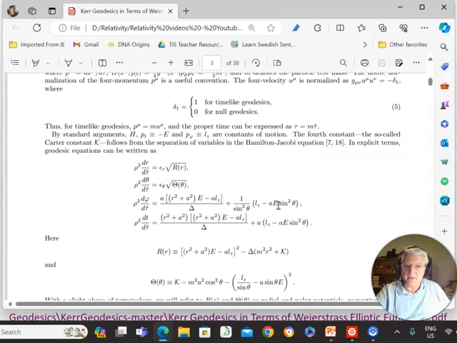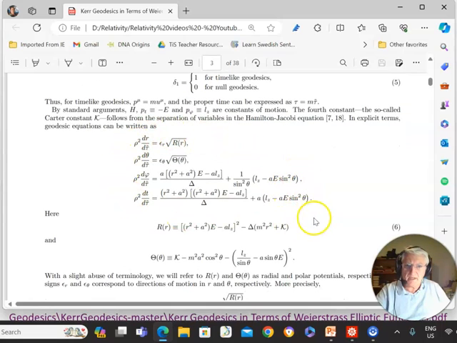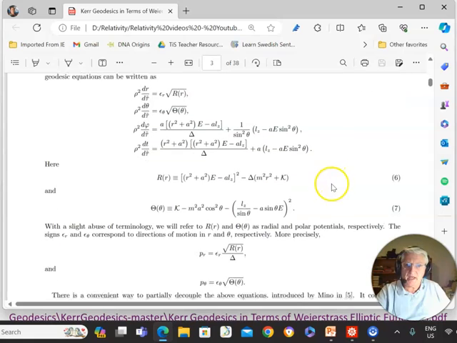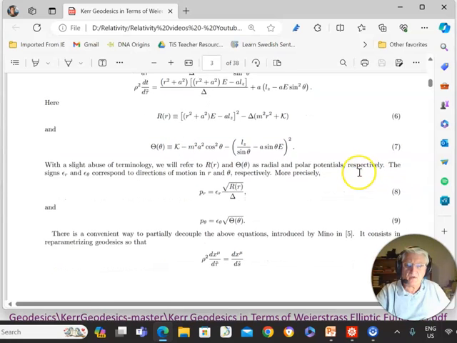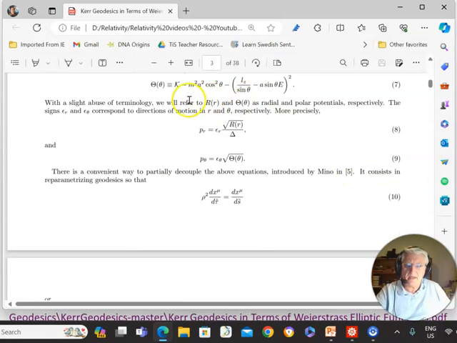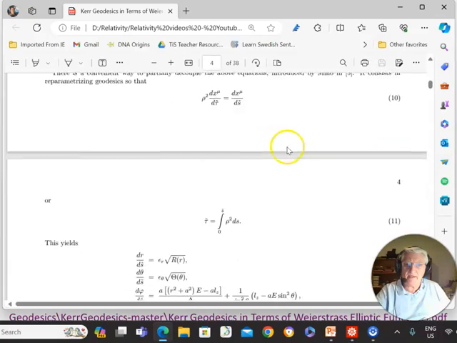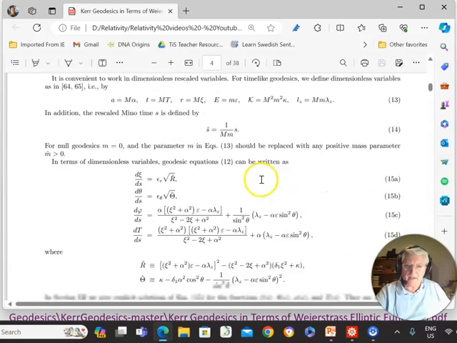I've shown this paper in previous videos as well, but they're going to work with the equations of motion, and you have K, the Carter constant here, capital Kappa. I've gone through this in a previous video, so I won't do it again.